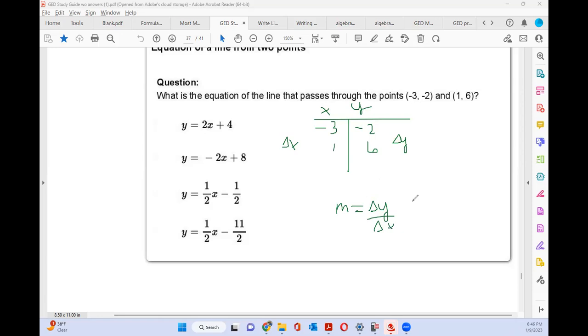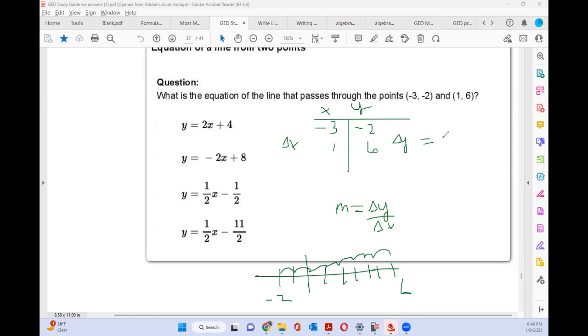Let's count. Start at -2: 1, 2, 3, 4, 5, 6, 7, 8.